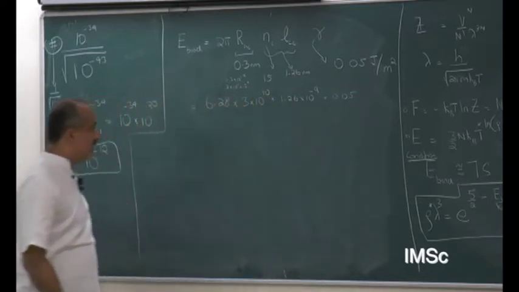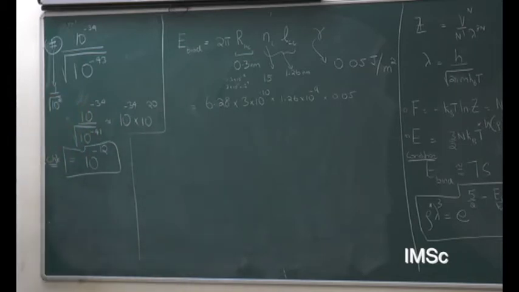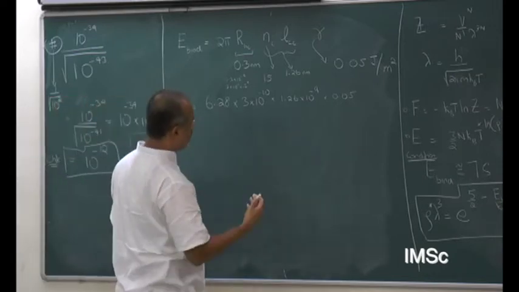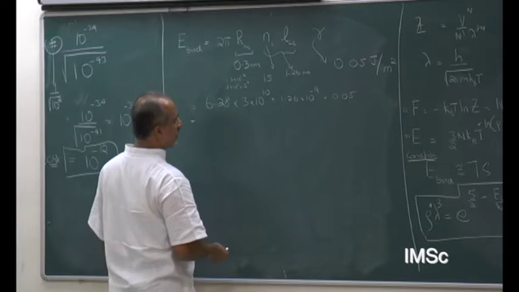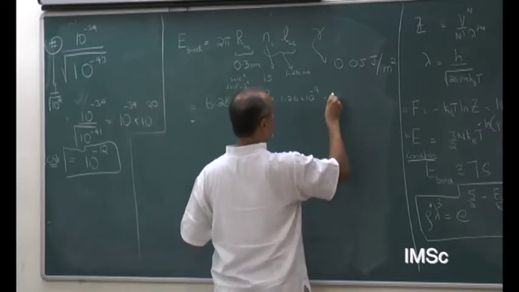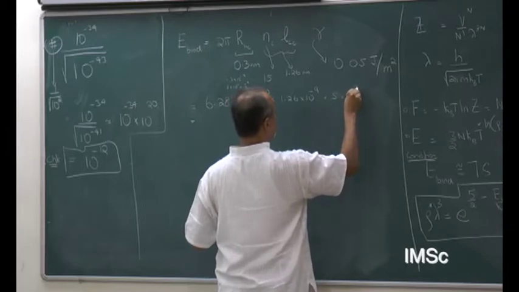And if I've done everything right, the units should all be correct, and I would have done this carefully enough. So let us say 6 into 18 to 1 roughly, okay. Even 0.05, let me just multiply by 5 and multiply by 10 to the power minus 2.